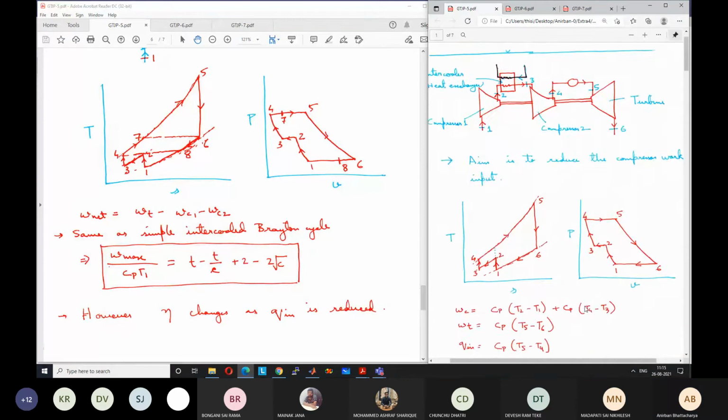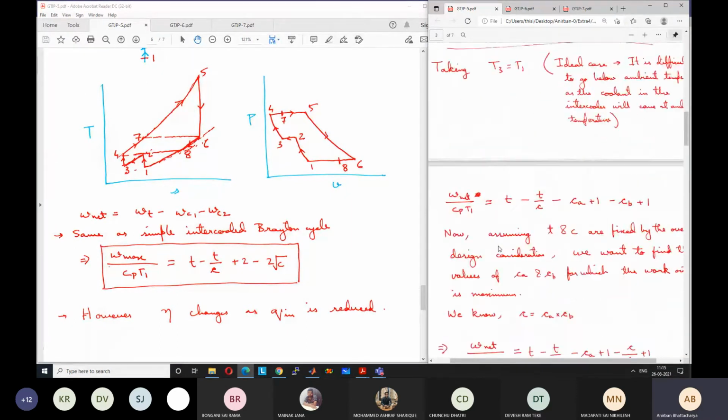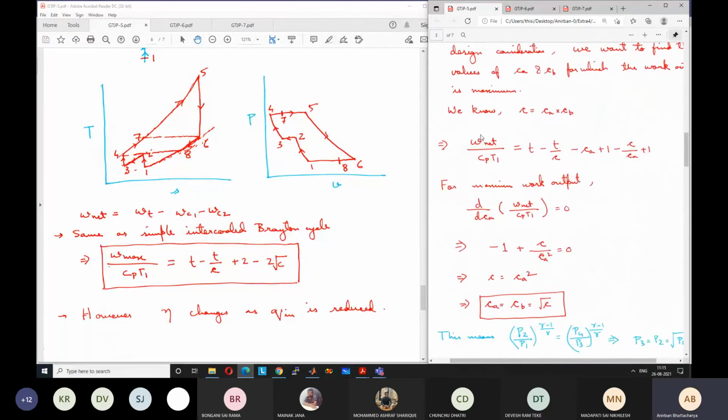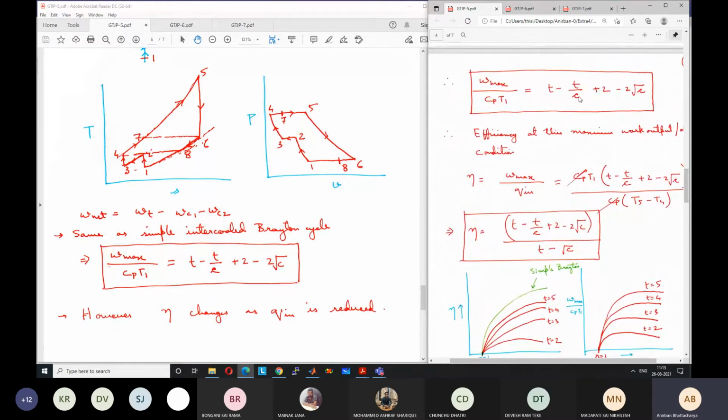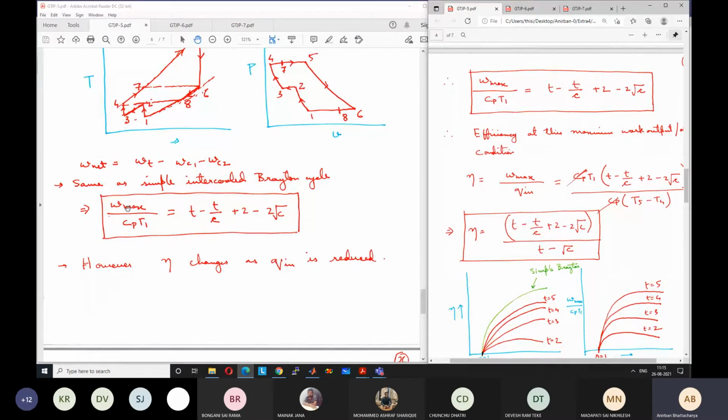Okay. So, the work output we have already derived for the intercooled cycle. If we go back to the intercooled cycle at the optimum condition, the non-dimensional net specific work output was T minus T by C plus 2 minus 2 root C. The same work output will be obtained here also: T minus T by C plus 2 minus 2 root C. From the non-dimensional work output, you can get the dimensional work output by multiplying this non-dimensional value with CPT1.